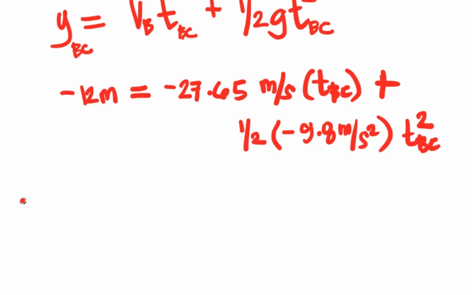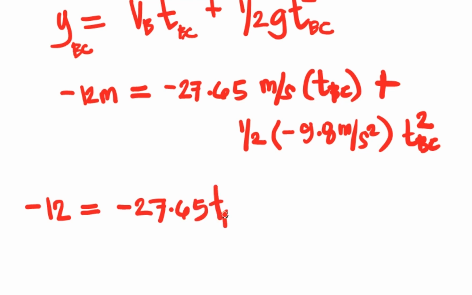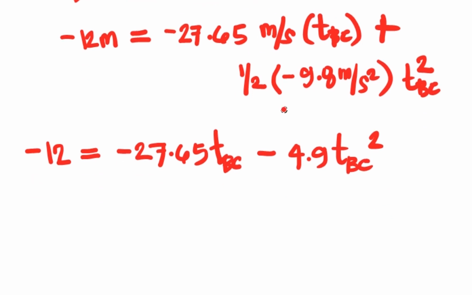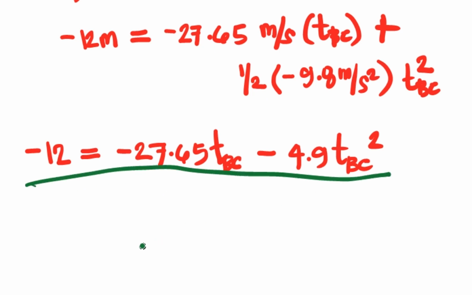Let's say this is negative 12 is equal to negative 27.65 TBC minus 4.9 TBC squared. Now if you notice, this equation is a quadratic equation.